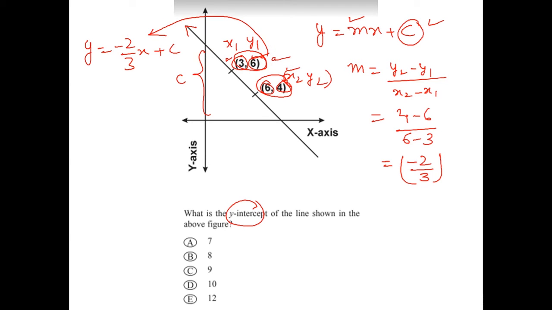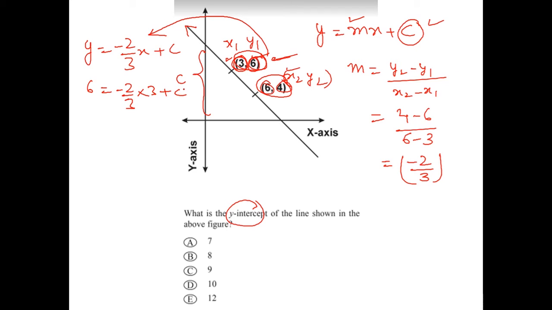So we can take any of these points. Let's take x1, y1. So instead of x, let's put x1, that is 3, and instead of y, let's put y1, which is 6. And the equation would still hold true. So y is equal to y1, which is equal to 6, is equal to minus 2 by 3 times x, and x is 3, plus c.